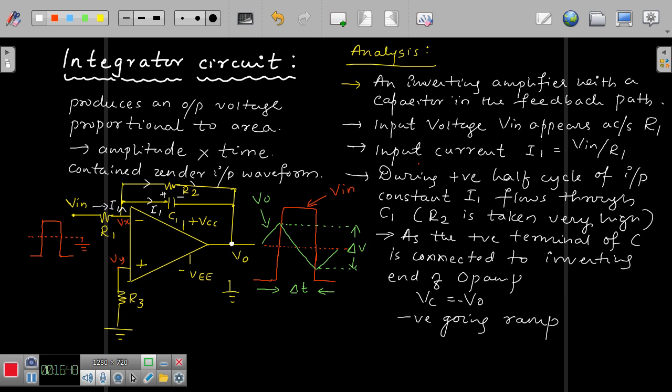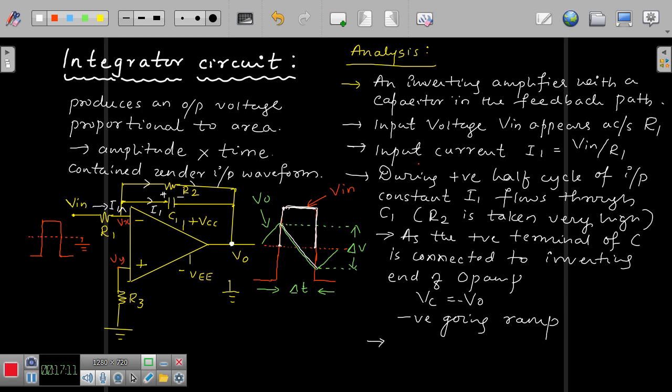So you can see here, from this point to this point, this is the positive cycle of the input signal, and your output here is going to be a negative going ramp. Okay, so I think all of you can understand this.